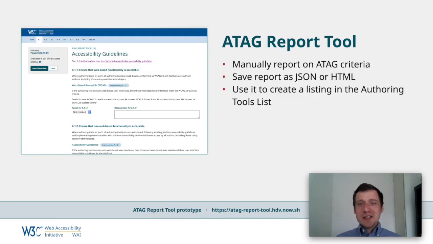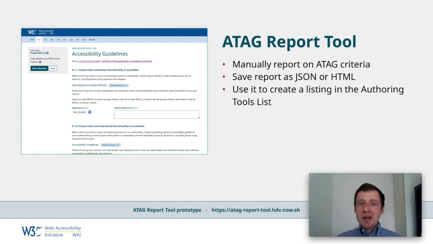And then the last thing that we're working on and that I'm currently very busy with is the ATAC report tool, which will take people through the ATAC standard, which has a number of different success criteria, just like WCAG does. For each of them, you can say whether your tool meets them or not, and write a number of observations as well. So maybe for one thing, you will say, well, yes, it works with keyboard, however, this sidebar doesn't, or that kind of thing.